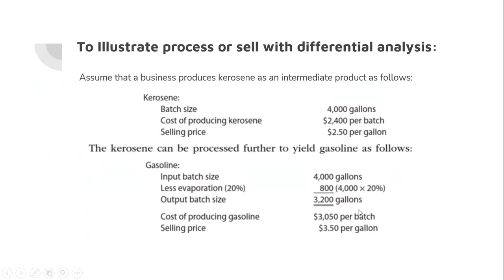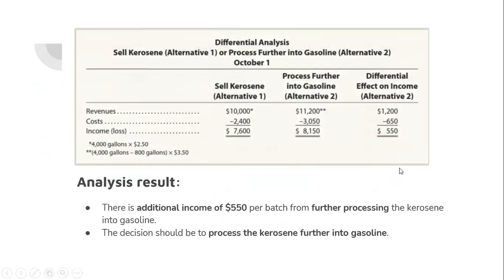Selling price is $3.50 per gallon. As shown, there is an additional income of $550 per batch from further processing. Thus, the decision is to process further the kerosene into gasoline.